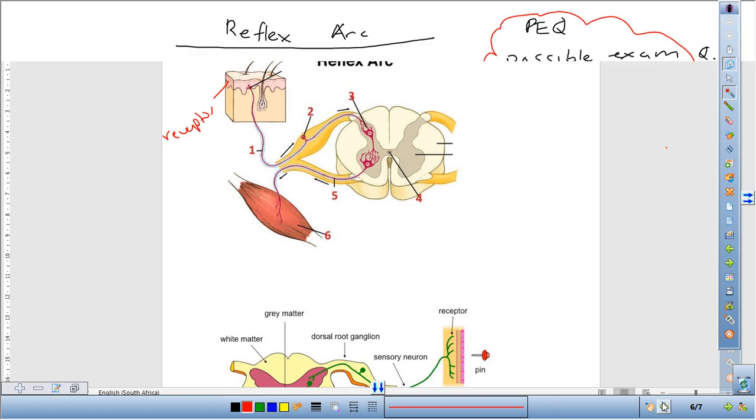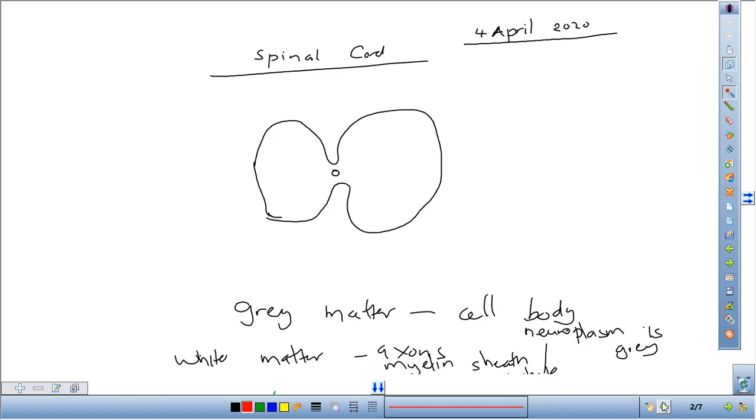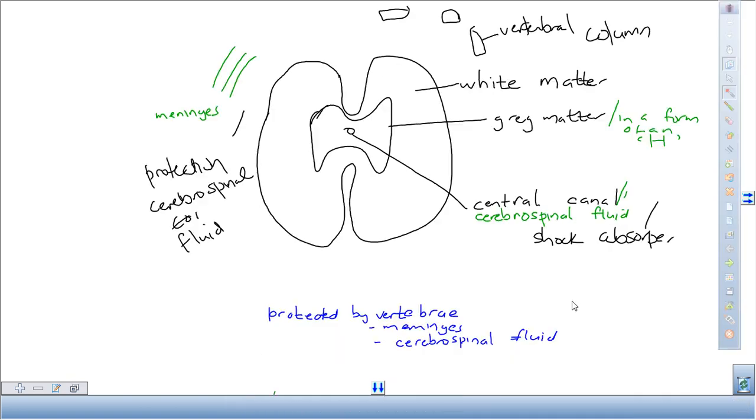Let us recap. Spinal cord, gray matter in the form of an H, white matter around it, central canal, protected by vertebrae, meninges, cerebrospinal fluid, shock absorber.